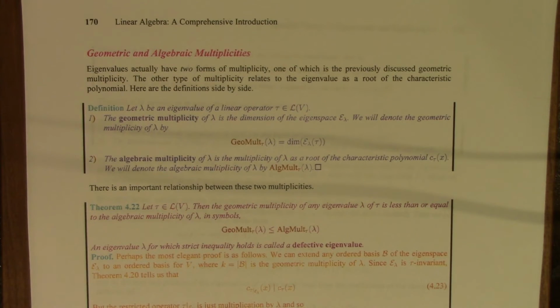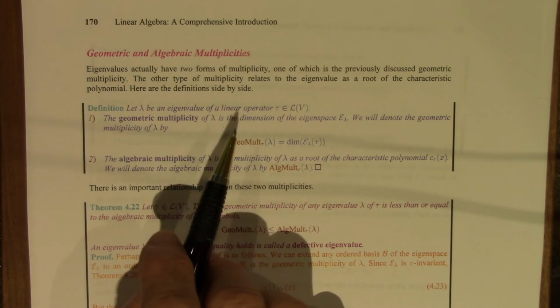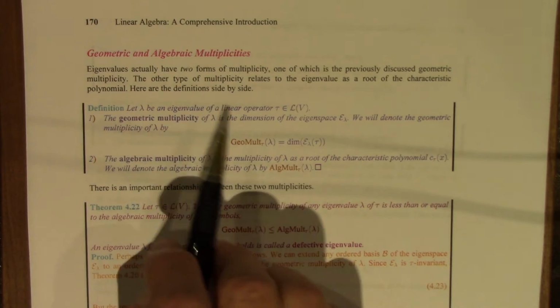As I mentioned, I think in the last lecture, eigenvalues actually have two forms of multiplicity, one of which is the geometric multiplicity that we've already discussed. That's the dimension of the eigenspace for an eigenvalue. The other type of multiplicity relates to the eigenvalue as a root of the characteristic polynomial. So here are the definitions side by side.